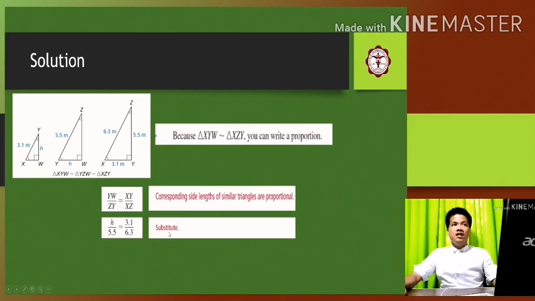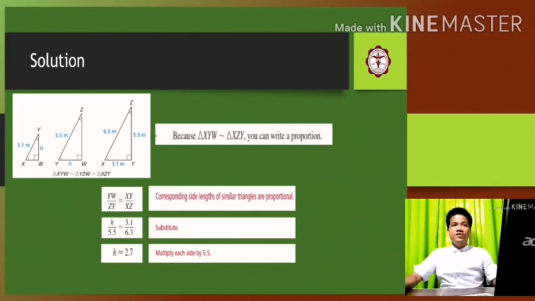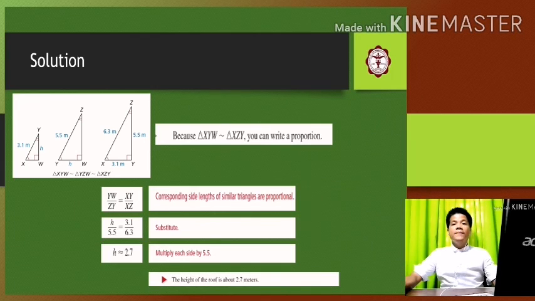So our h is here, the YW, and then the 5.5 is here, the ZY, and then 3.1 is the XY, and then 6.3 is here, the XZ. Next is to solve for h by multiplying both sides by 5.5. So our h now is 2.5. So we can now say that the height of the roof is about 2.7 meters.